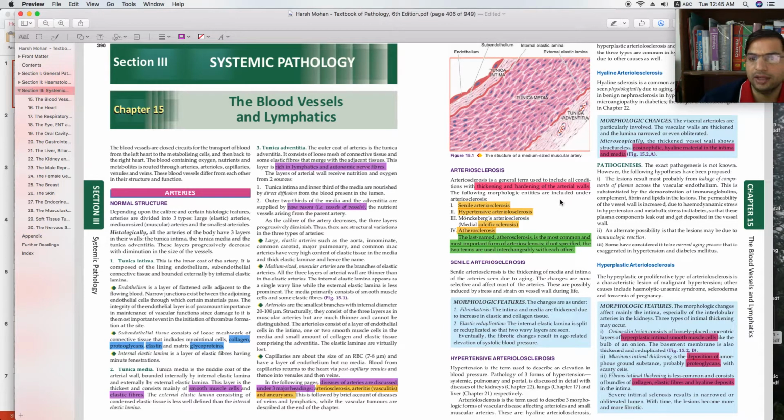Number 2, hypertensive arteriosclerosis. That is arteriosclerosis originating because of hypertension, increased blood pressure. Then number 3, calcific sclerosis, where the arteries have abnormal calcium depositions in them, and they become calcific. Then they also become thickened and hardened. And number 4 is atherosclerosis.